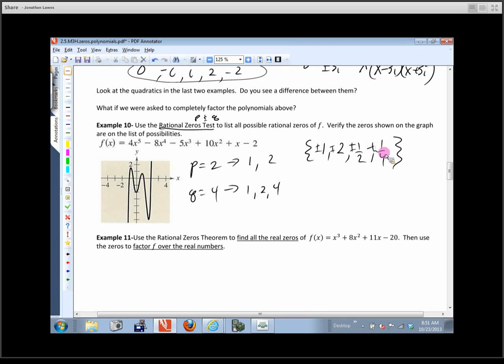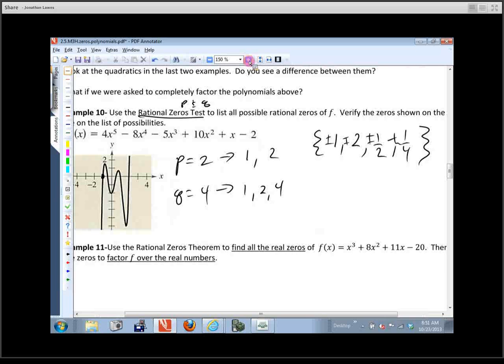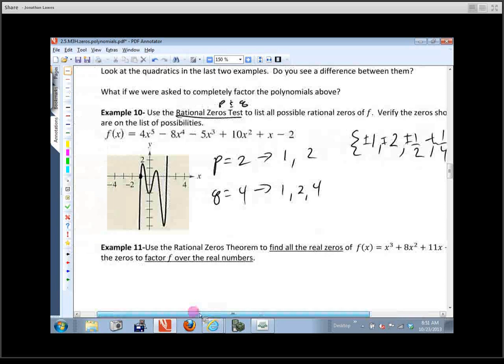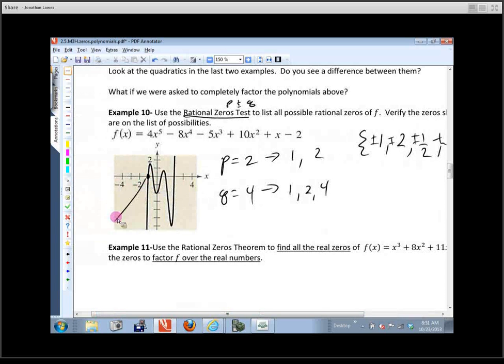These instructions are literally taken directly from the book. It says, use the rational zeros to list all the possible rational zeros. I've listed all the possibilities. And then it says, verify that the zeros shown on the graph are on the list. Okay, look at the scale. Let me blow this up just a little bit. What's that 0 right there? -1.